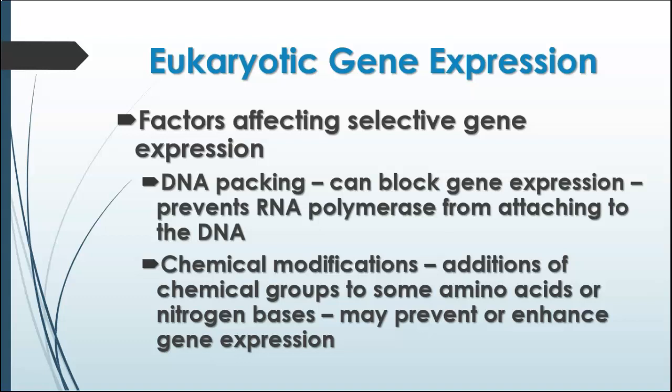There are also various kinds of chemical modifications, chemical groups like methyl groups or acetyl groups, that can be added to some of the amino acids or nitrogen bases that can either prevent gene expression or enhance it, turn it on, make it happen more quickly. Both of those things are present in various places at different times in different cells.